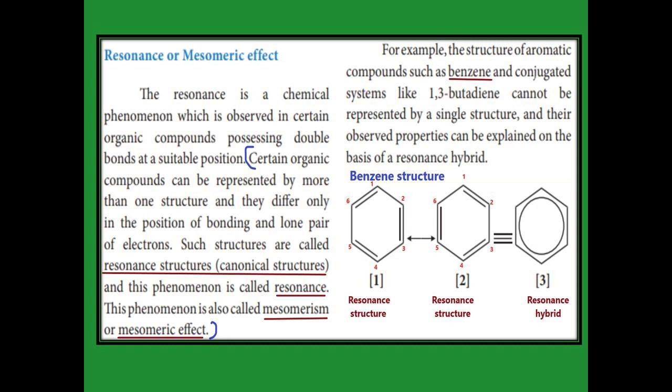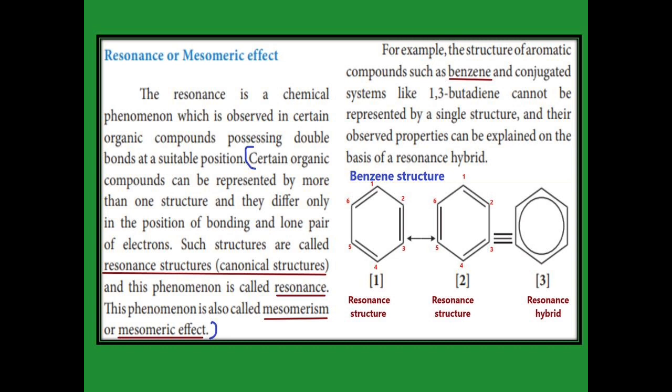But in the second structure, the second carbon has the double bond with the first, 2 and 3 single bond, 3 and 4 double bond, 4 and 5 single bond, 5 and 6 double bond. Now both are benzene structures, but which one is the true structure? Both combined give the third structure, in which the double bond is circulated between the carbons, indicated by a circle inside the benzene ring.